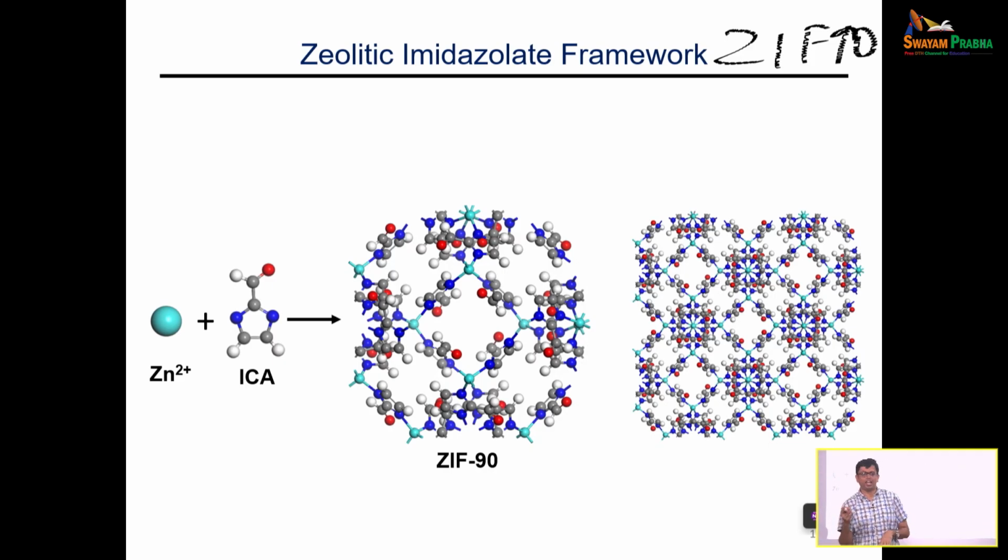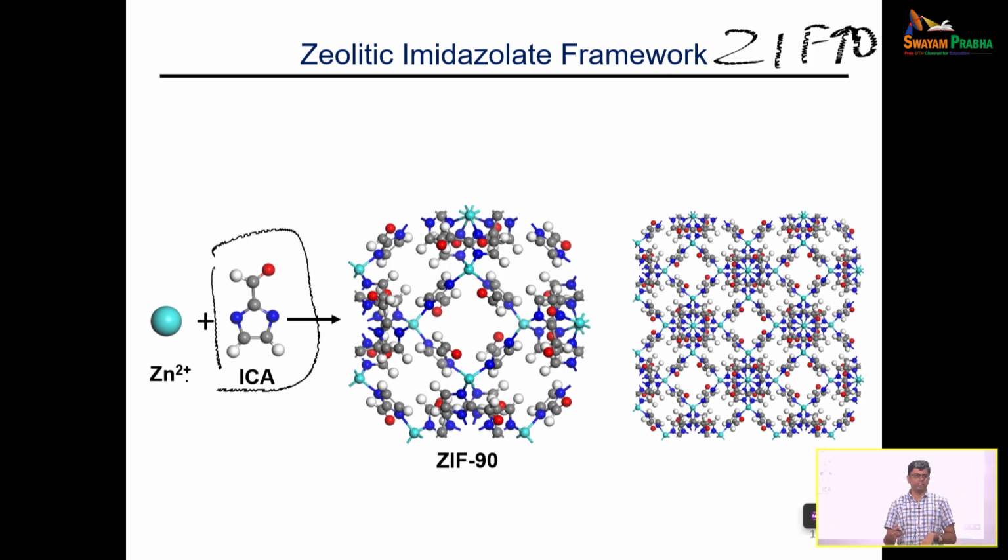It has a zeolite like structure, so that's why it's called zeolitic imidazolate framework, and the linker that is used is based on imidazole, which is one of the organic molecules, and this is imidazole carboxaldehyde, and that's why it's called ICA. You have a CHO group here, and the rest of it is basically the imidazole backbone. And you have in this particular material zinc as the metal.